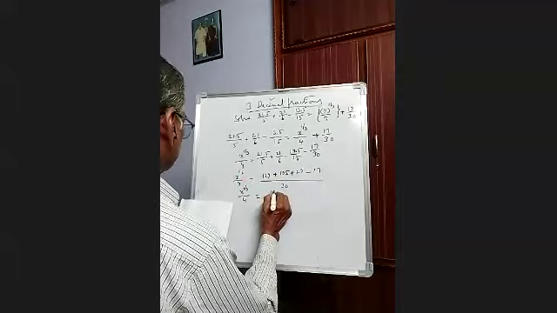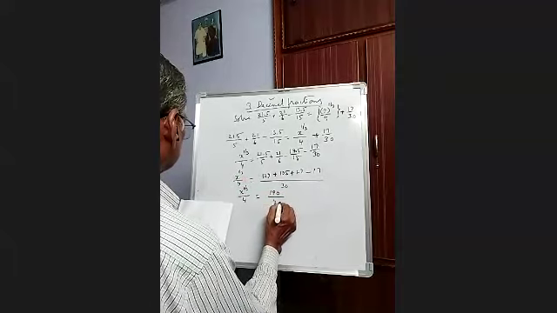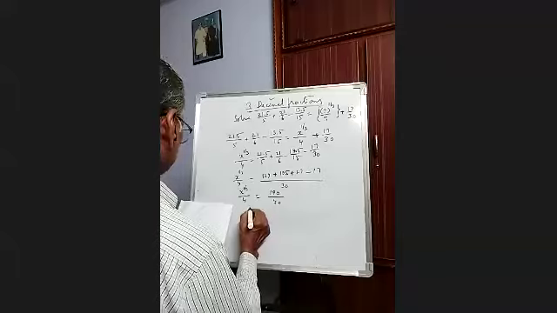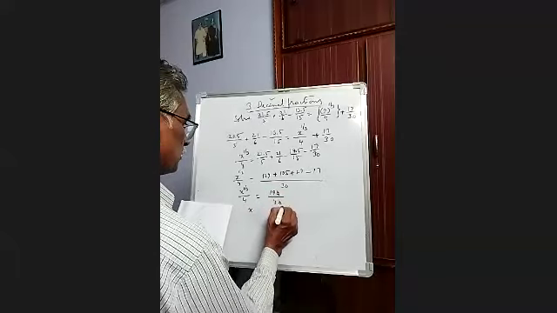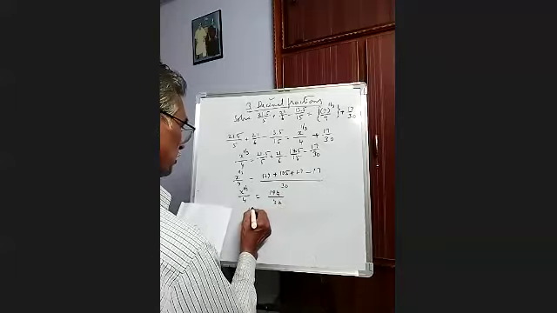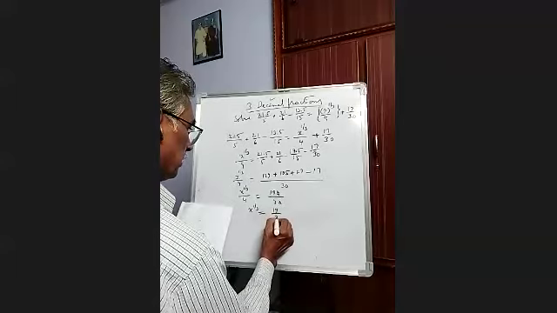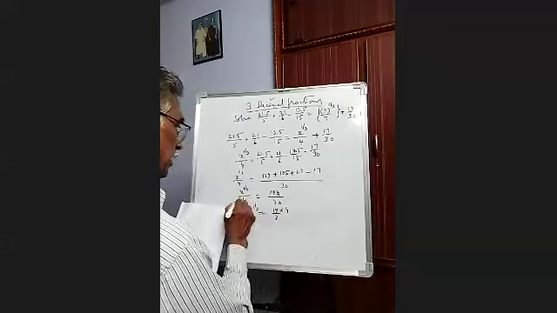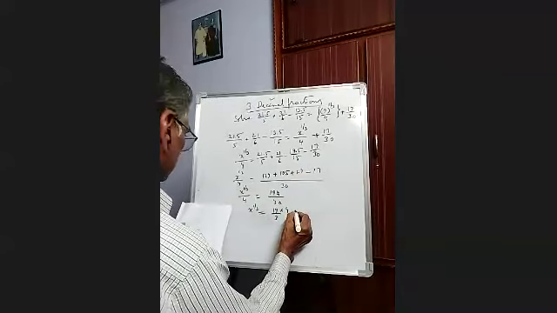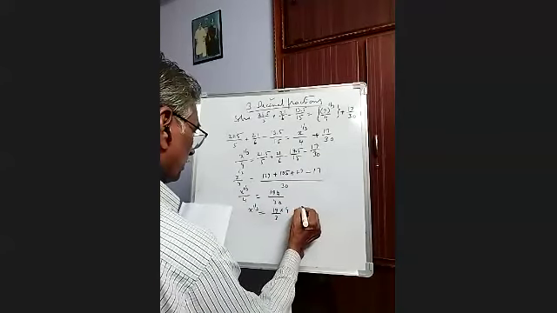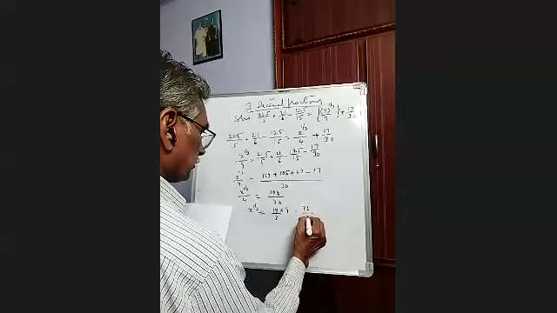Now x gets 19/3. x to the power of 1/3 is equal to 19/3. The 4 will be in the numerator, take 4 to the other side, then this will be 76/3.